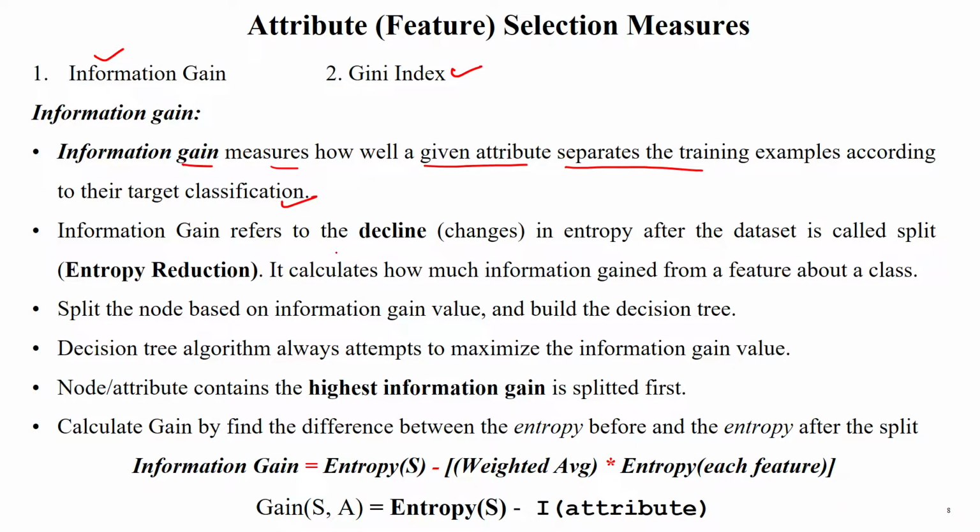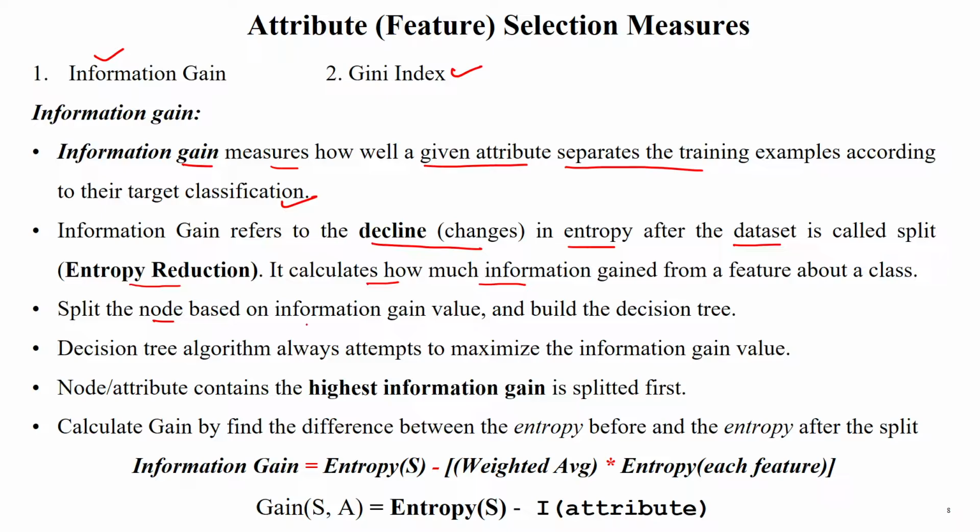The information gain refers to the decline, that means changes in the entropy after the data set is splitted. That splitting is called entropy reduction, which is used to calculate how much informative or information gained from the particular attribute to get better solution.